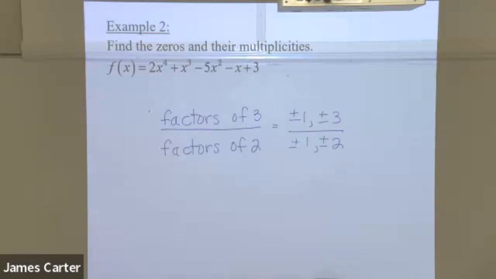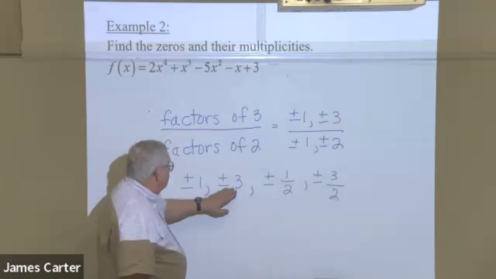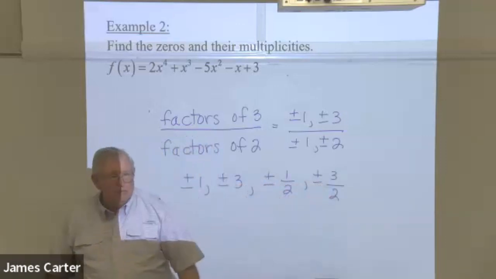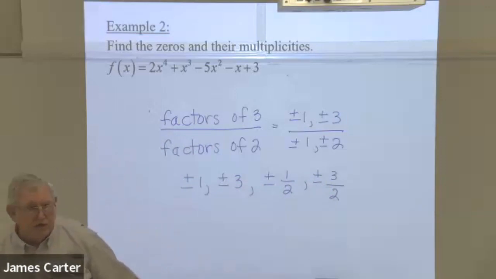The 1 isn't going to make any difference. So basically, we're going to have the 1, the 3, the 1/2, and the 3/2. And that's all this question is asking us to do, just find them. What are the possible rational zeros?